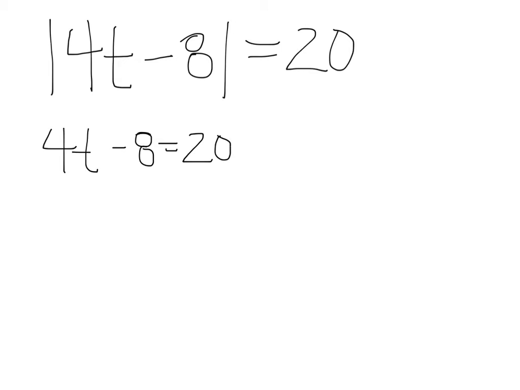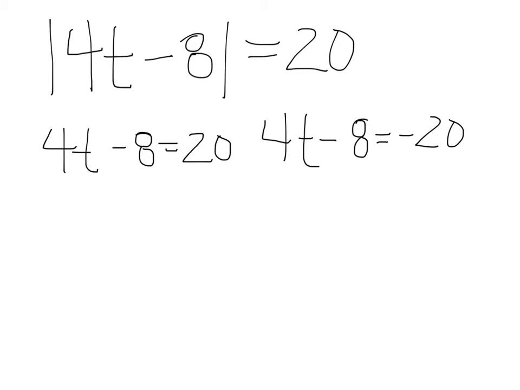And since it's absolute value, what's inside the bars can be either positive or negative, so the other equation is 4t minus 8 equals negative 20. And since absolute value is always positive, either of these equations will work.